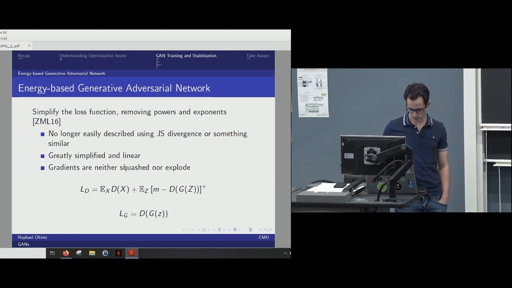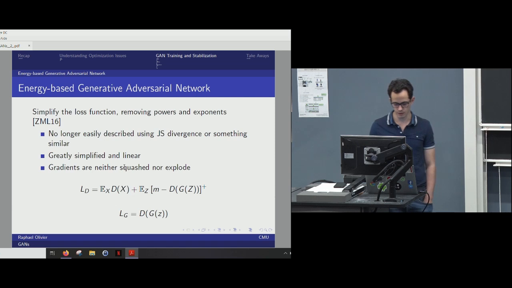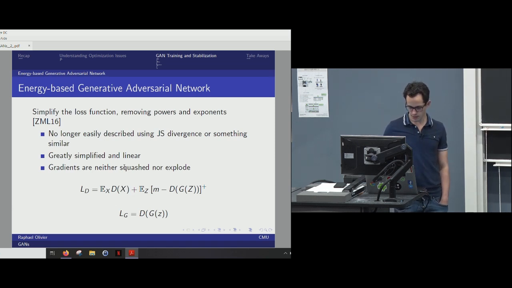Energy-based GANs. Again, I'm going to simplify the problem family. This time, you're pretty much ignoring the fact that you are trying to use the Jensen-Shannon divergence that we talked about last time, and you're basically just going to solve a linear problem. You just say the output of my discriminator is the only thing I'm going to look at. There's basically no loss.